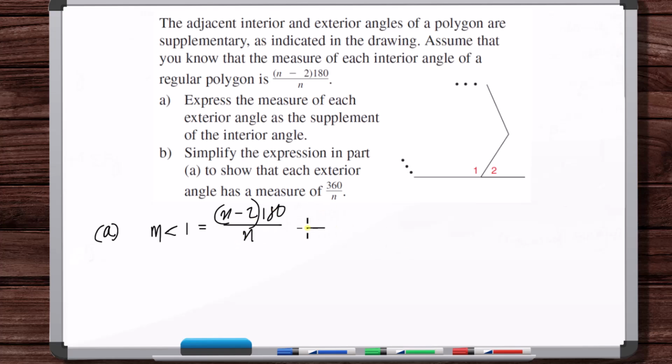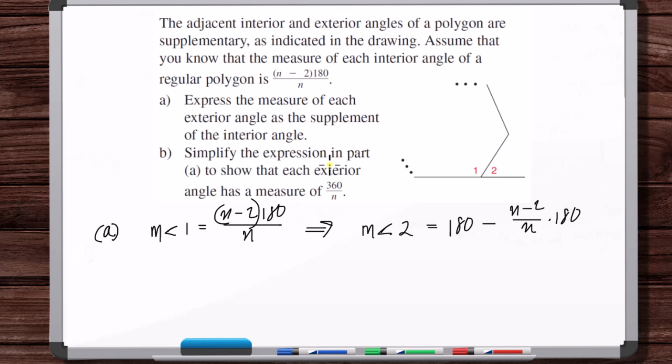With that, they want us to say that the measure of angle 2 is going to be equal to 180 minus (n minus 2) over n times 180. That's the measure of angle 2. It's the supplement of the interior angle.